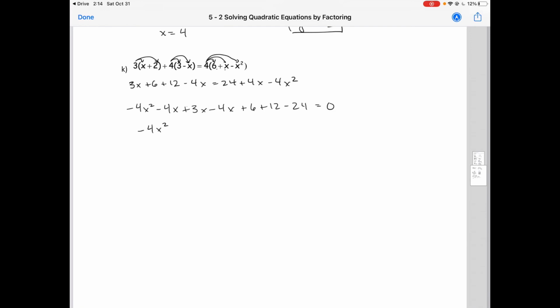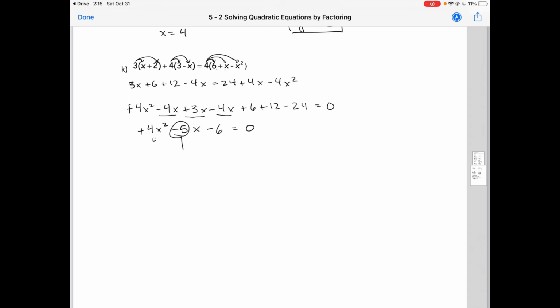Combining like terms, I've got 4x squared, then minus 4 plus 3 minus 4 is minus 5x. Then I've got 6 plus 12 is 18, minus 24 would be minus 6 equals 0.